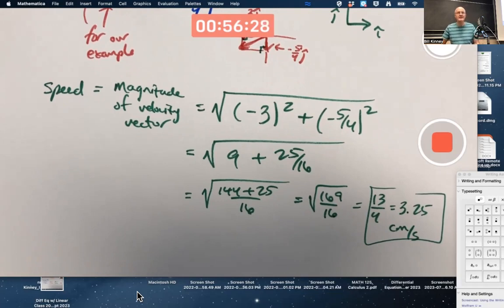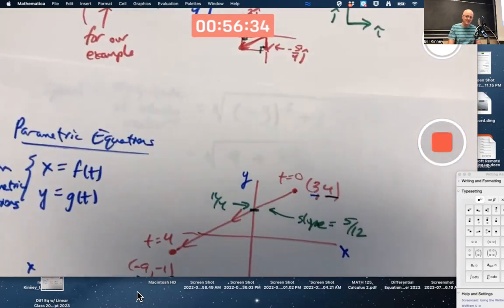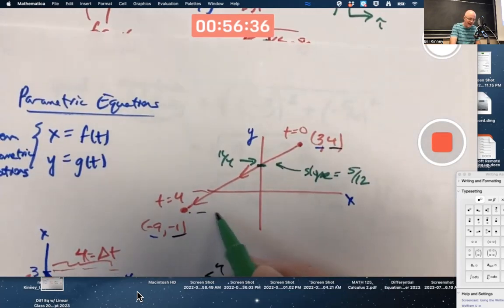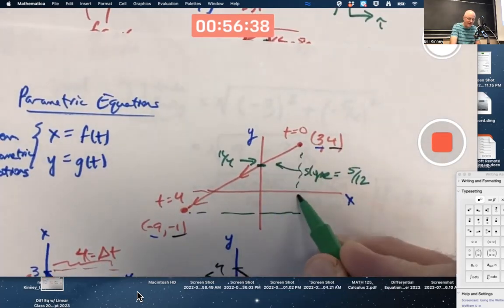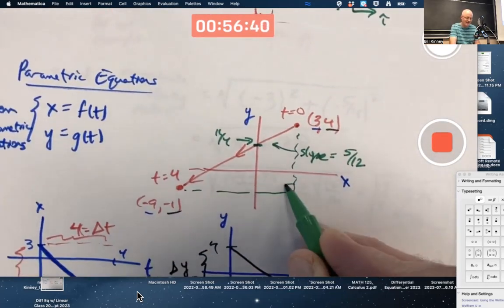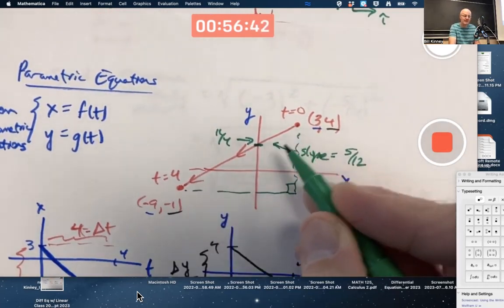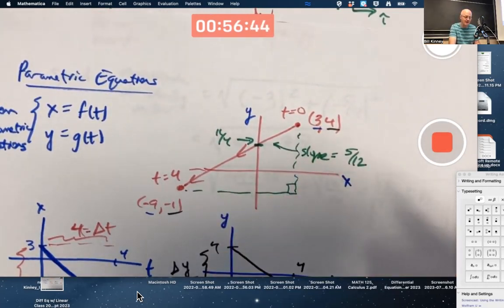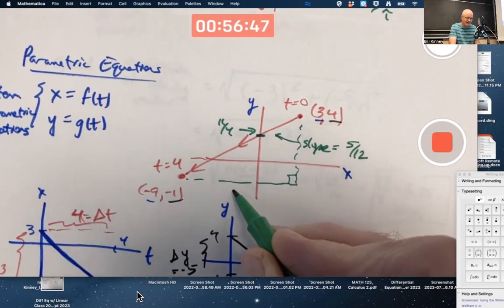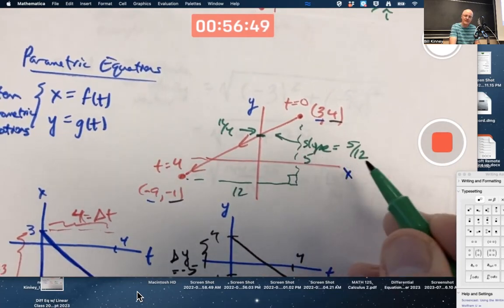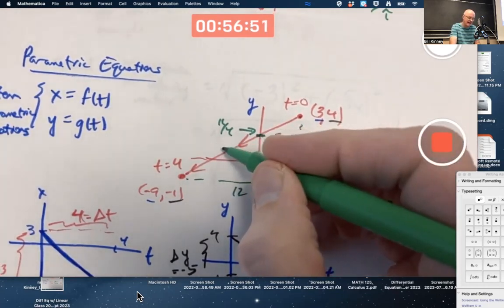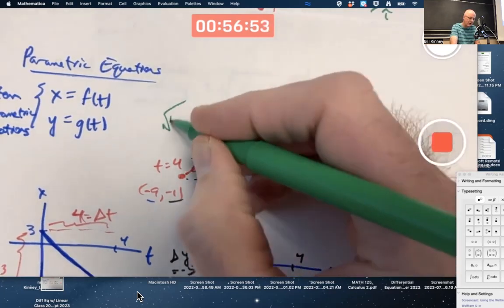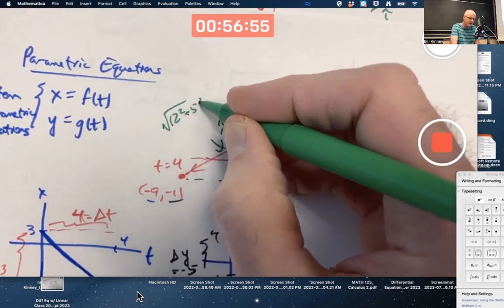Is that the only way the speed could be computed here? No. A more direct way to find the speed would be to use the Pythagorean theorem here. Figure out the distance traveled and divide by the time elapsed, 4. The Pythagorean theorem means the length of the hypotenuse here is the square root of 12 squared plus 5 squared.